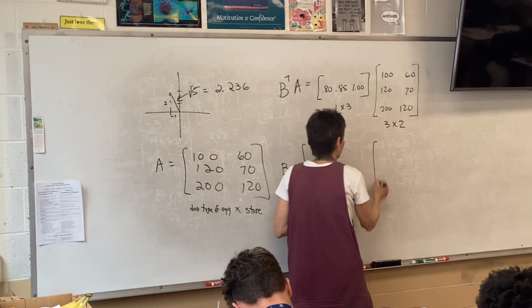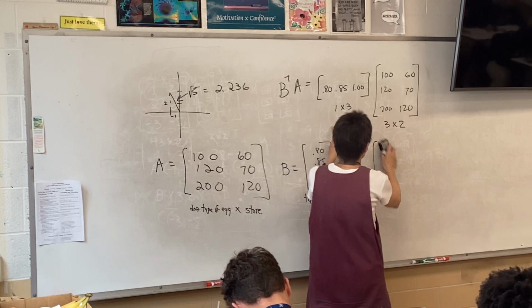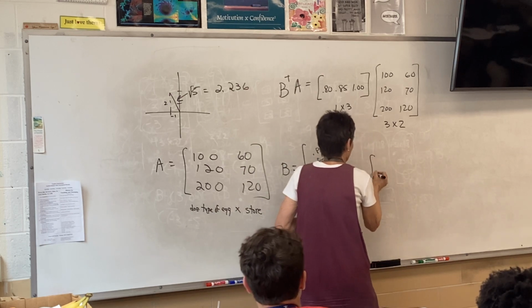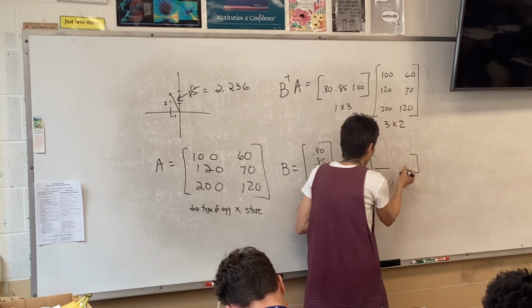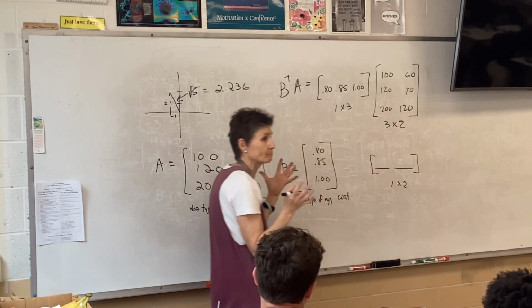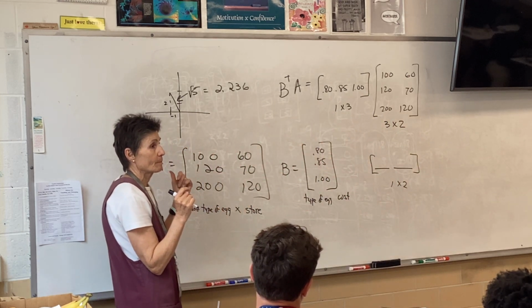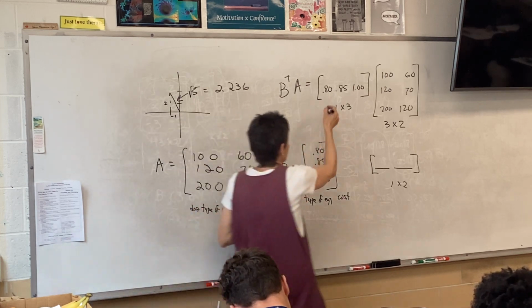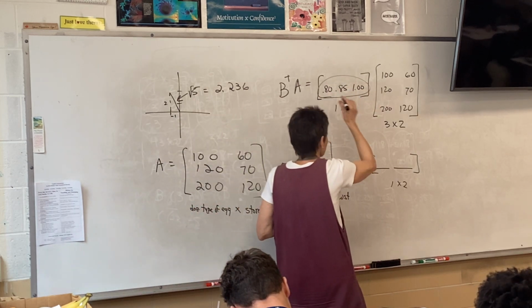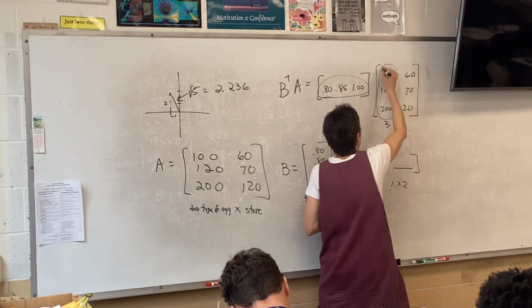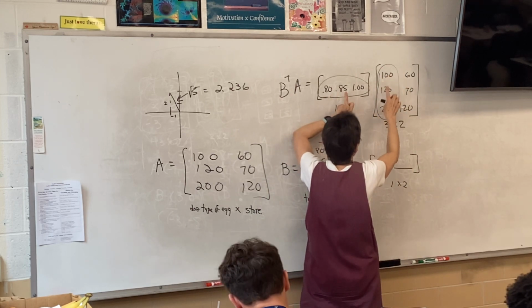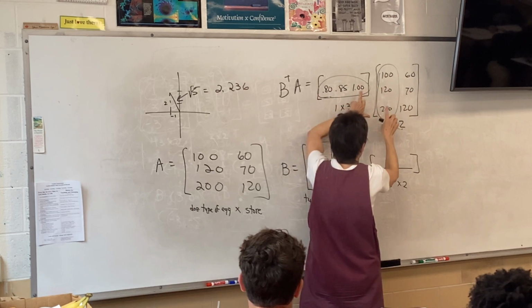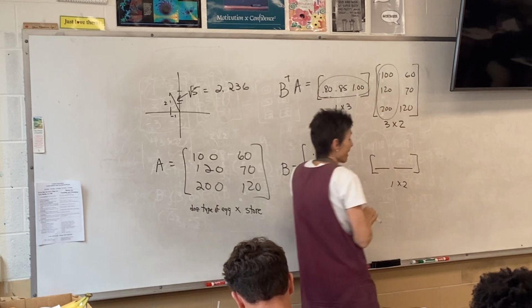So our product is going to be a 1 by 2, right? So 1 row with 2 numbers in it. So we're going to take this row times this column. So first times first, second times second, third times third, add them up.